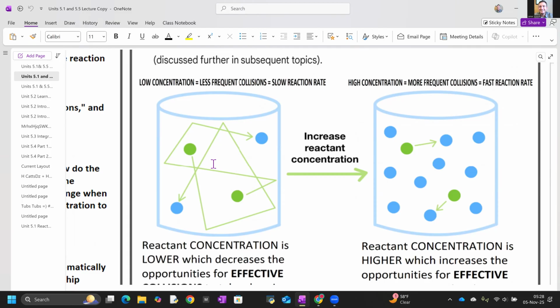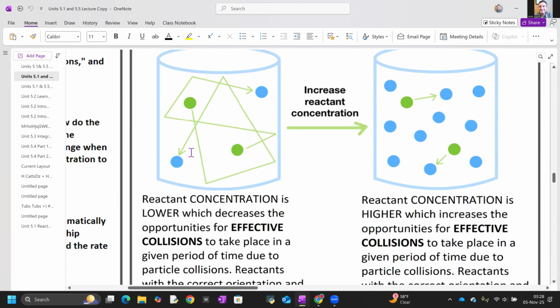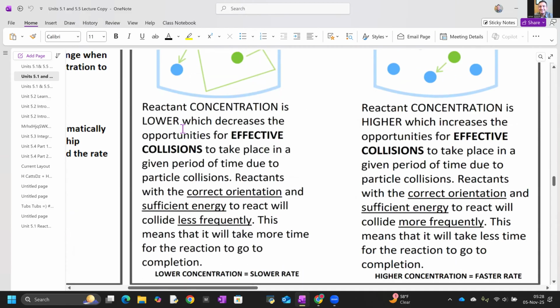But when they don't collide, because the concentration is low, there's no chance at an effective collision when collisions don't take place. And so this has fewer collisions that take place, and so that's going to have even fewer effective collisions. And so if reactant concentration is low, it decreases the opportunities for effective collisions because collisions aren't taking place.